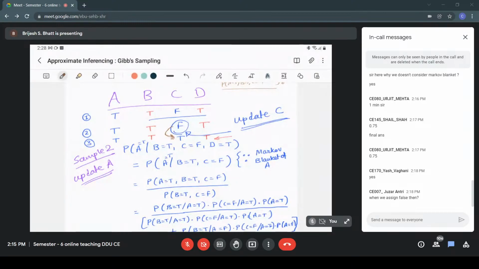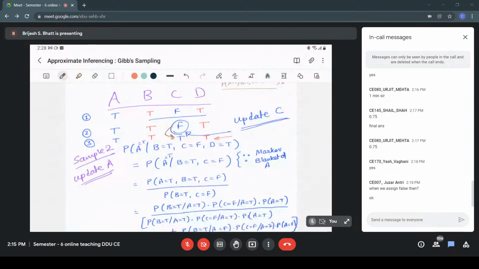If the probability of false is more than 0.5, then false will be selected. If the probability of true is more than 0.5, then true will be selected. In case of multinomial, the value with the largest probability will be assigned. Have I answered your question, Antri?